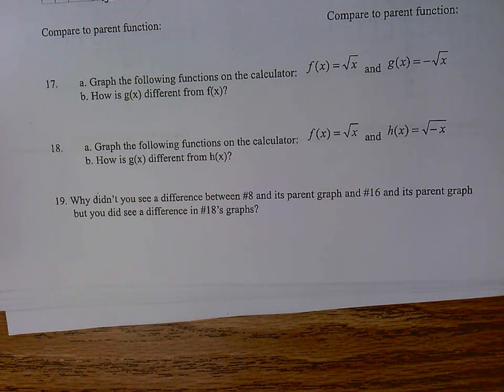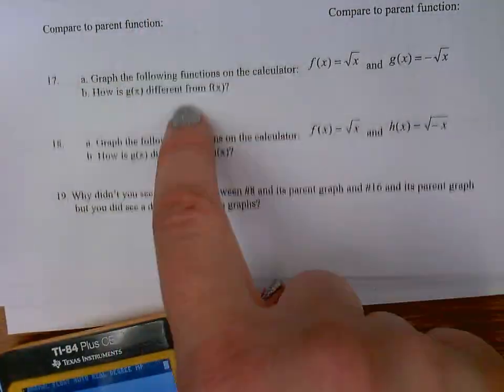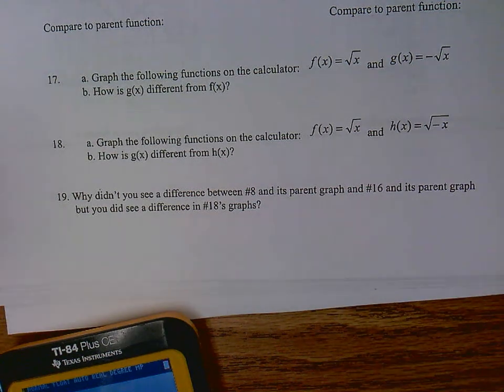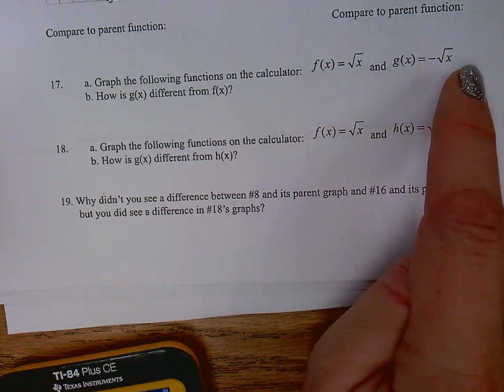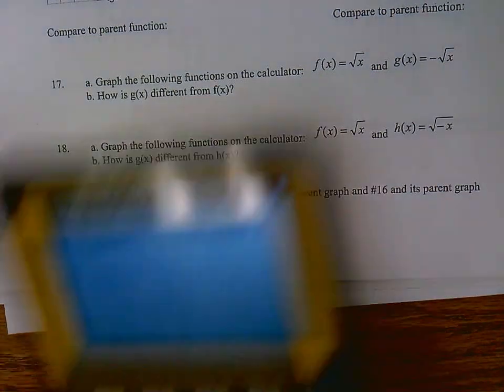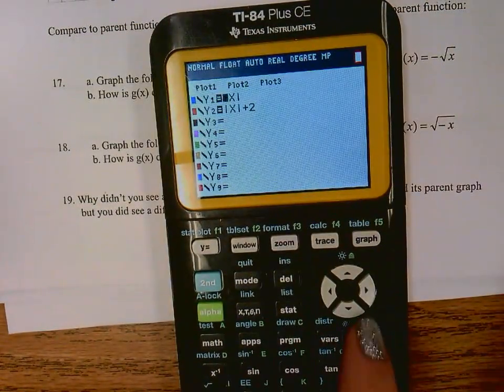Okay, let's take a look at 17, 18, and 19. Did everybody else have the experience of going in and trying to see what the different transformations did on the calculator? Okay, so let's just look at these couple. We want to compare the square root function with the negative square root function. So we're going to go to our y equals menu, clear out whatever is in there.